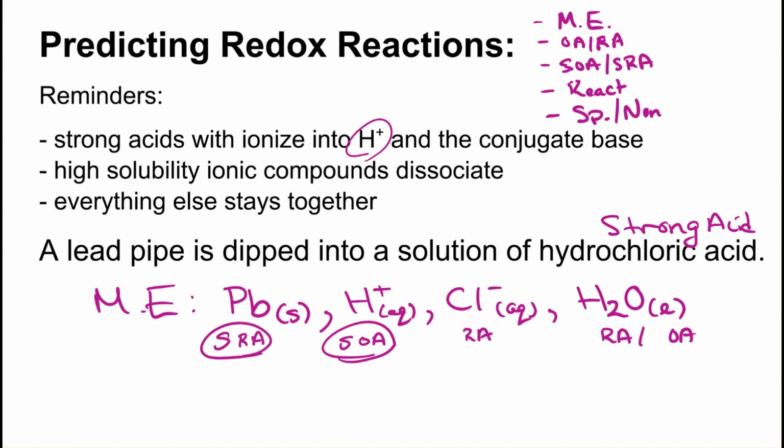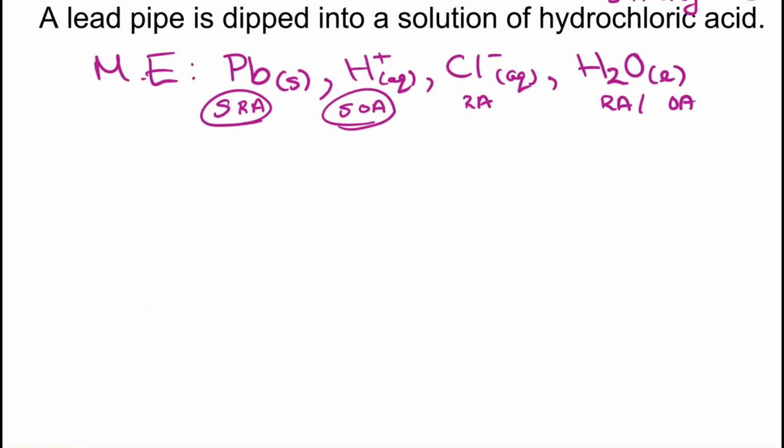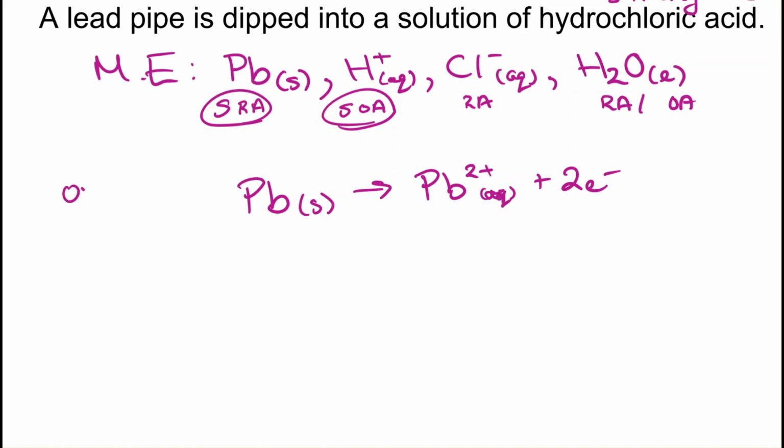So let's react them together. Let's make the half reactions. Lead is Pb solid turning into Pb2 plus aqueous plus 2 electrons. So this is the oxidation half reaction.